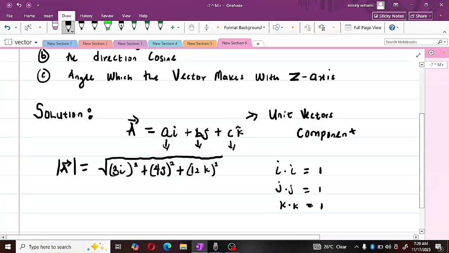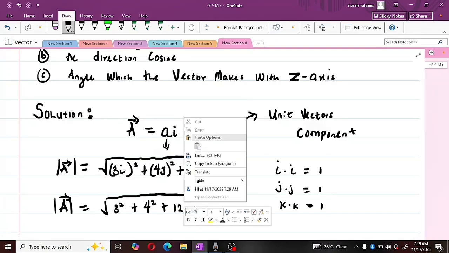This is what we call the scalar product, which implies that here we will just be having something like 3 squared, because i times i, which is i squared, is equal to 1 already, plus 4 squared plus 12 squared, right? Very good.